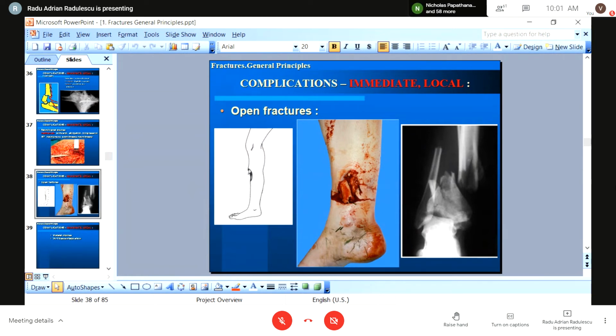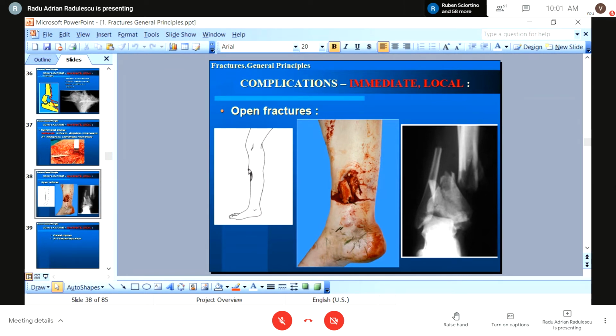At the level of the thigh, for example the femur, we won't have open fractures so often because the femur is surrounded by a thick layer of muscles which will not allow easily for the bone ends to get to the outside.